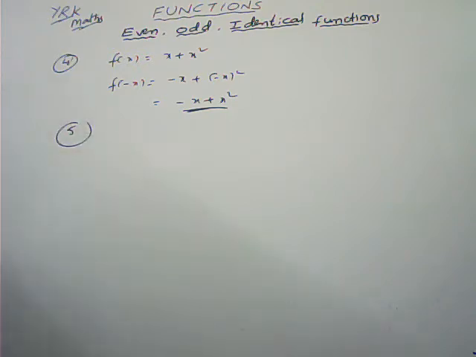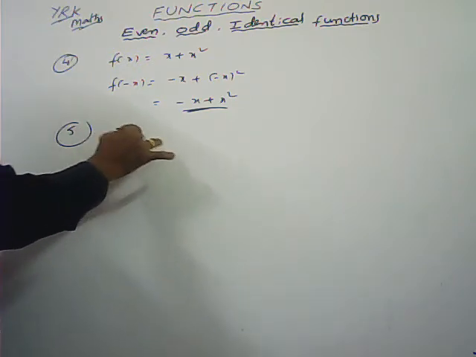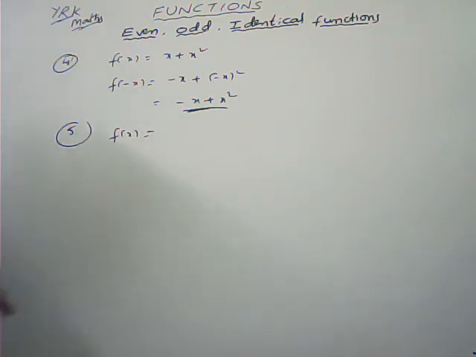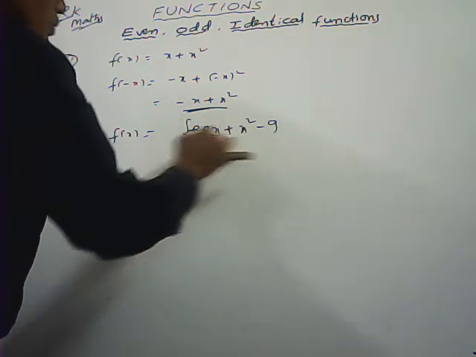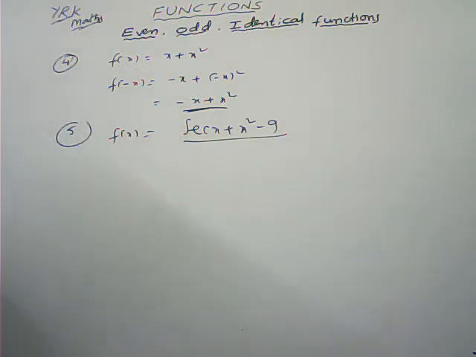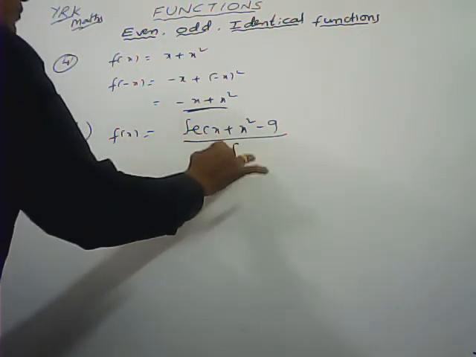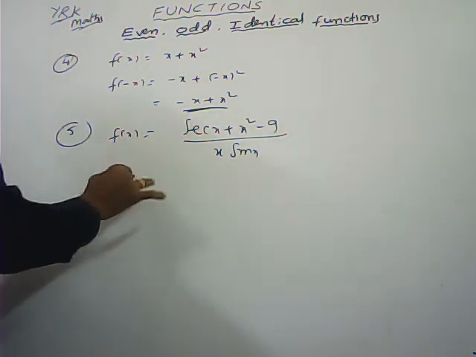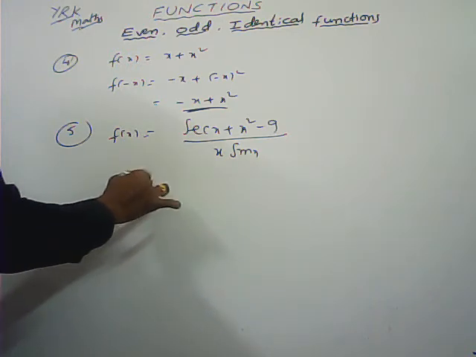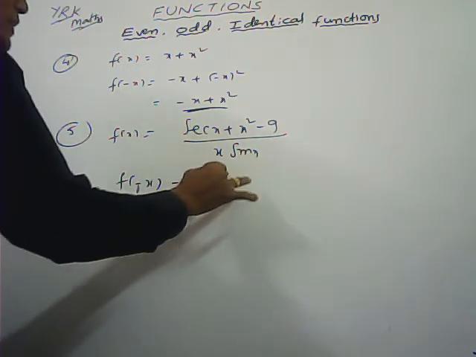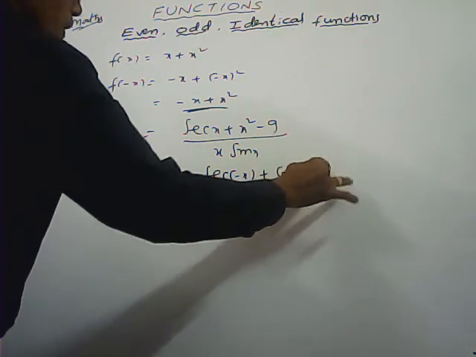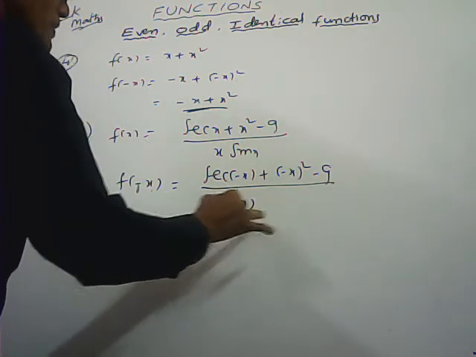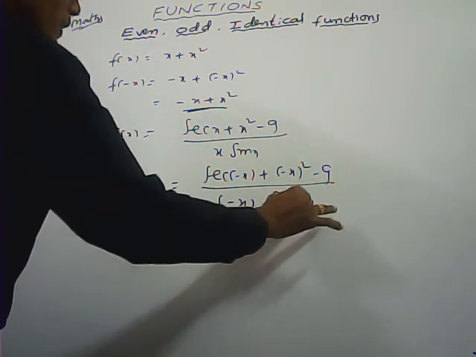Next, fifth one. f of x equals secant x plus x square minus 9 whole by x into sin x is given. Now you can find f of minus x. Secant of minus x plus minus x whole square minus 9 by minus x sin of minus x.